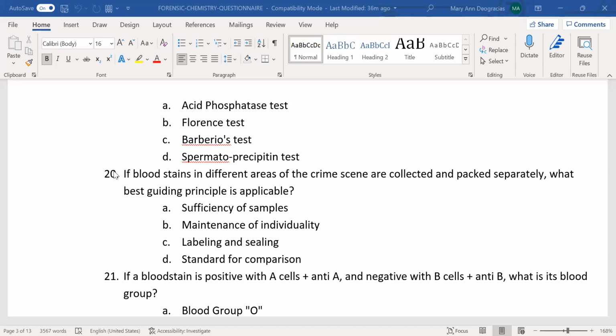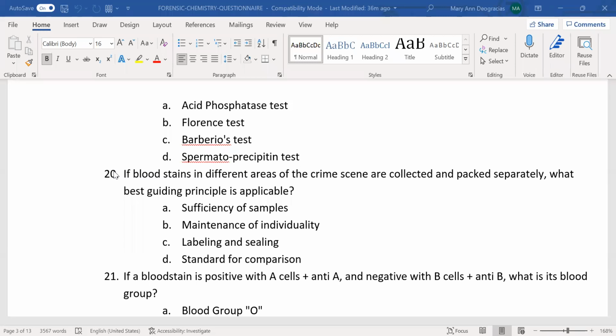Yung collection that they should be separately packed or collected separately? Standard for comparison. Ang standard for comparison is standard specimen yan. Ano yung standard specimen? Galing sa victim yan, galing sa suspect yan. So, hindi kasama yan. Yes, it's letter B. Maintenance of individuality.